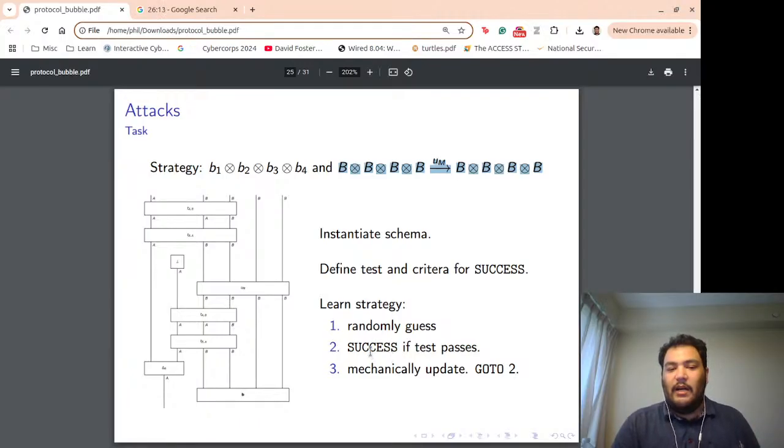Otherwise, I'm going to update in some specified way. I'm going to update either the initial guess or the function that I want to learn, and then I'm going to test it, and then I'm going to repeat this loop of updating mechanically until something happens in the test, until I succeed, or until I stop making measurable progress.